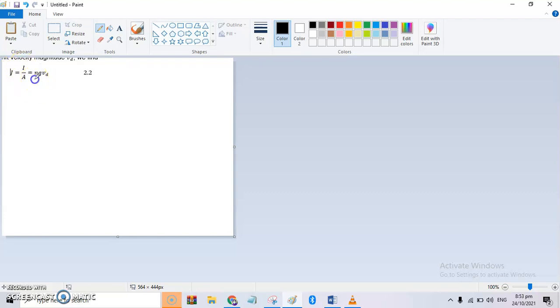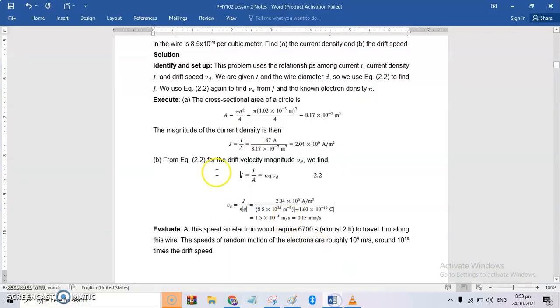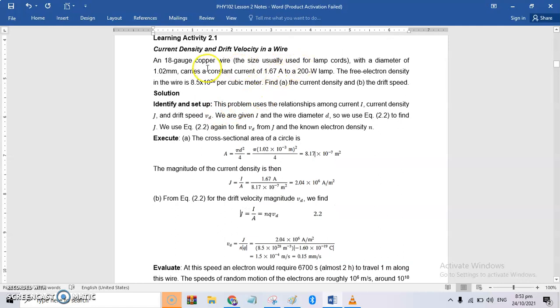So, our N, Q, and VD, are they given in the problem? We have N, the electron density of the wire, which is 8.5 times 10 to the 28. And Q is the charge.